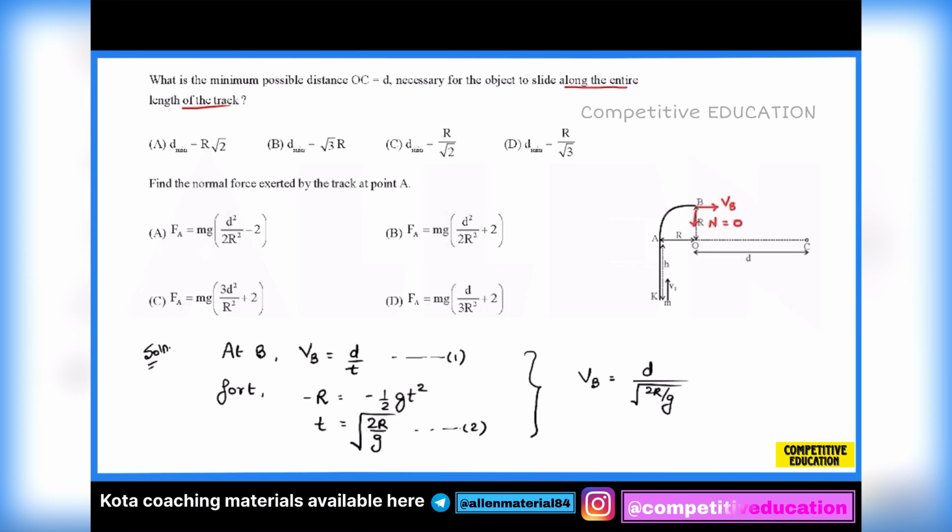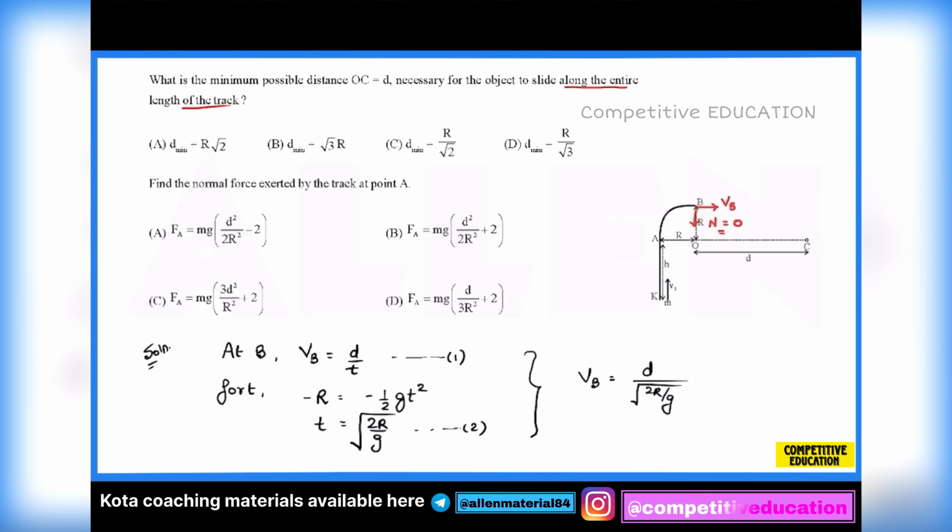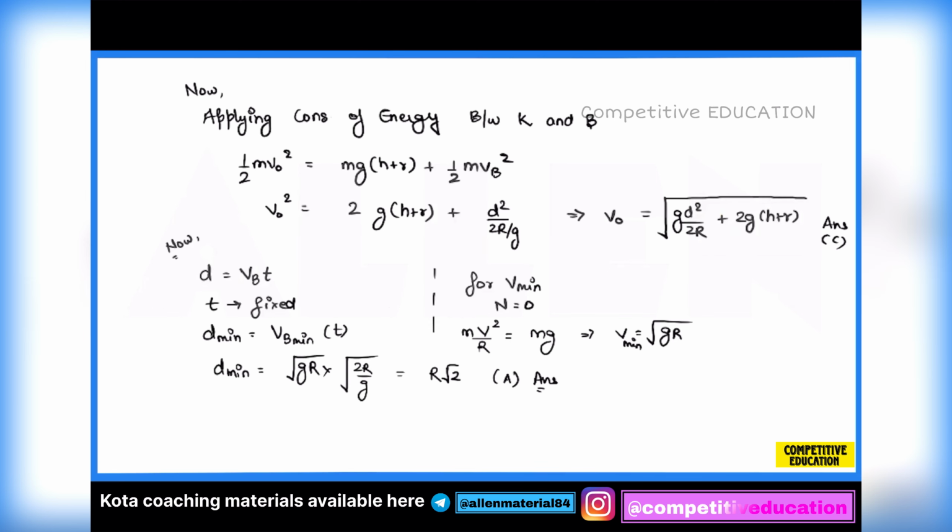If the normal here is 0, this satisfies my condition that it will follow the whole entire length of the track without leaving. See what I have written here: d equals vB into t. I have already explained that t is fixed because the displacement in the vertical direction is fixed and the acceleration is fixed, so the time is also fixed. So d minimum will be equal to v minimum into t.